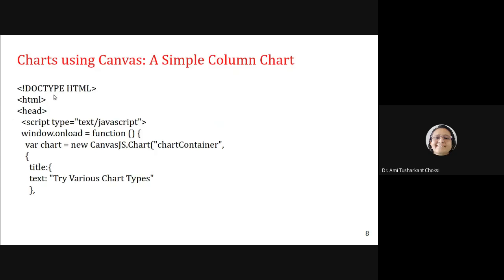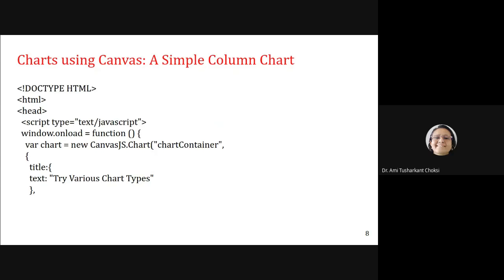For that, we know that we have to use doctype HTML, HTML tag start, head tag start, then script type is equal to text/javascript. window.onload, that is, on loading of this particular window we have a function, and inside it, var chart is equal to new CanvasJS.Chart, where we specify what we want to display, that is, chart container, right?